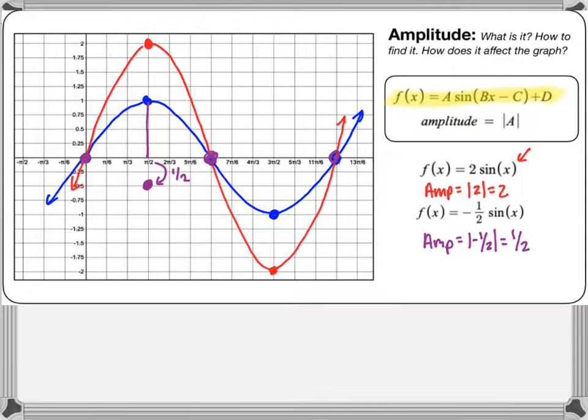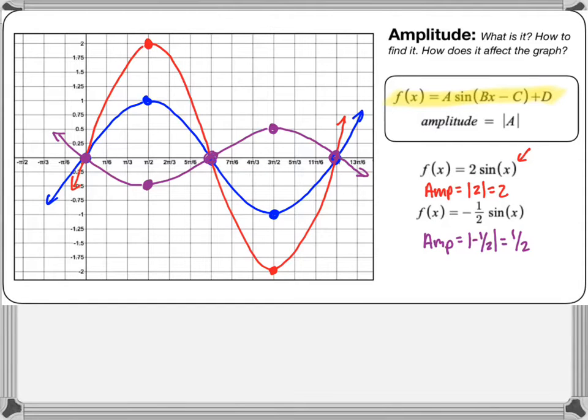We do that to the peaks and valleys, and that one, again 1, flips back up here, and so we end up with a smaller version of the graph. It looks like that. And so that's how we deal with the amplitude.